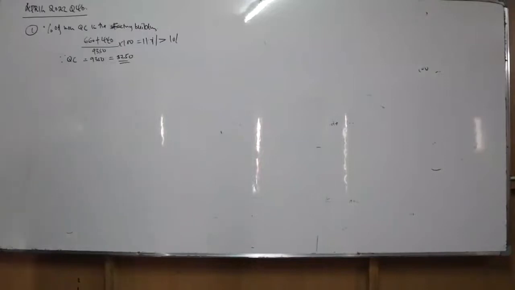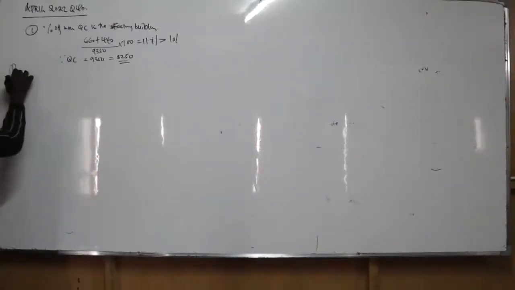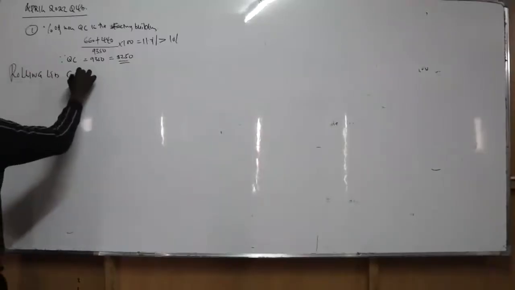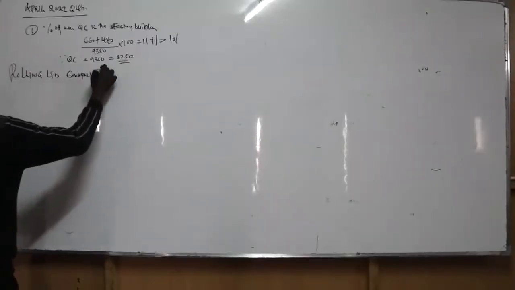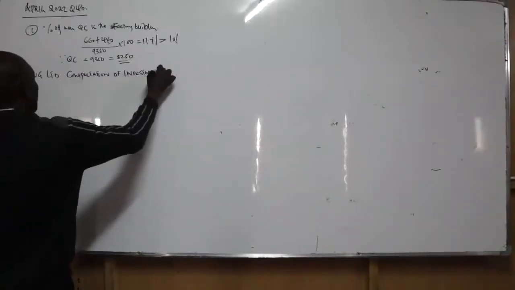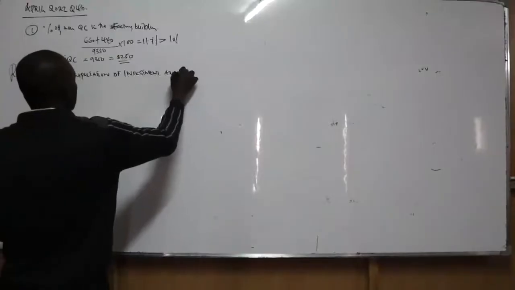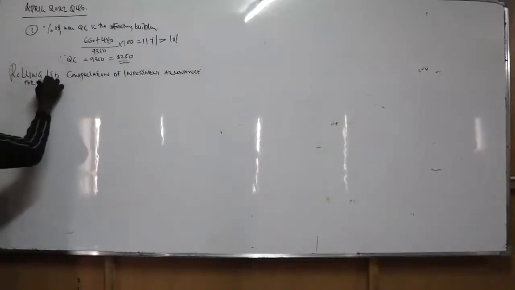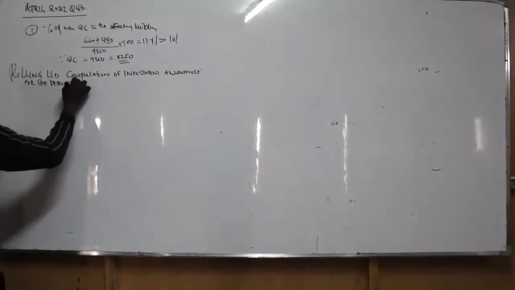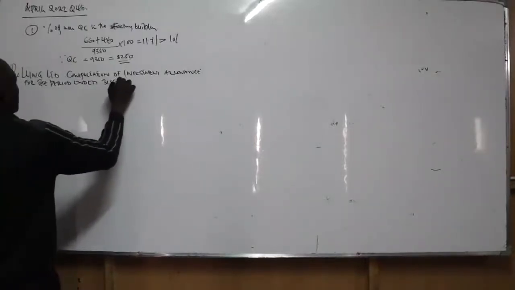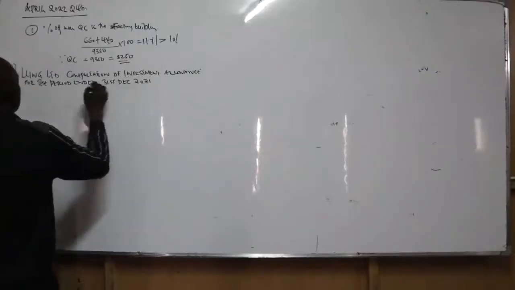Then here we write the name of the company. It's called Rolling Limited. So Rolling Limited, computation of investment allowance for the period ended 31st December 2021.